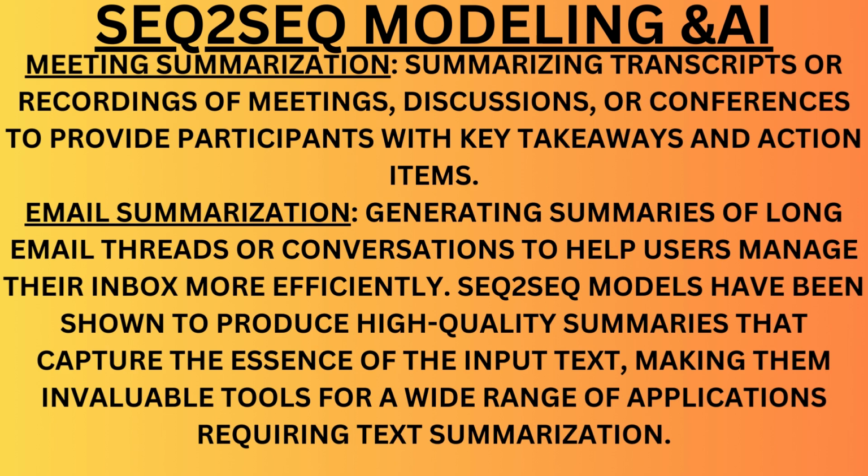Meeting summarization. Summarizing transcripts or recordings of meetings, discussions, or conferences to provide participants with key takeaways and action items. Email summarization. Generating summaries of long email threads or conversations to help users manage their inbox more efficiently.